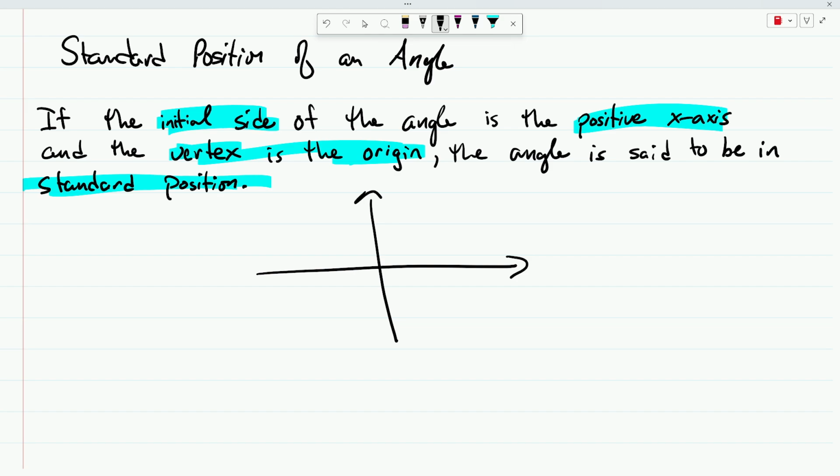So all that's saying here is this. Here's our rectangular coordinate position right here. If we assume that the positive x-axis is the initial side, and then we have an angle that comes up like this, this angle right here is in standard position. Now, I'm not going to draw all of these. Your book has a picture of all of them. So let's look at your text real quick.